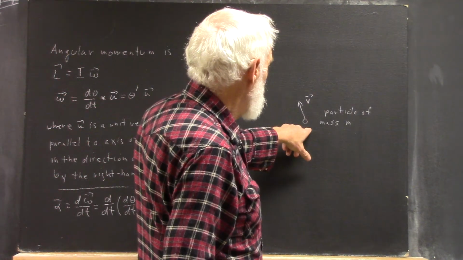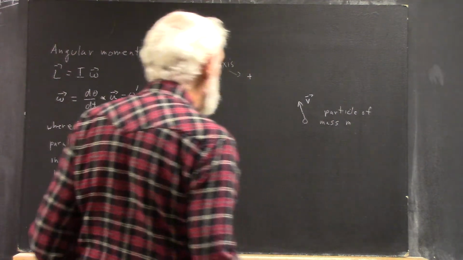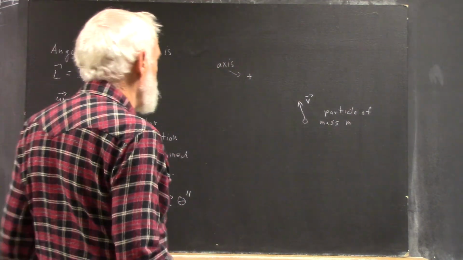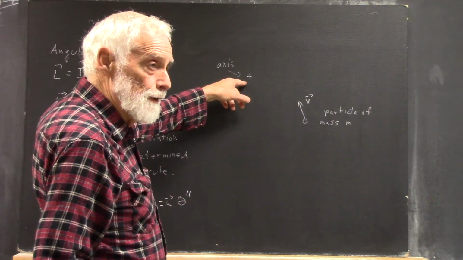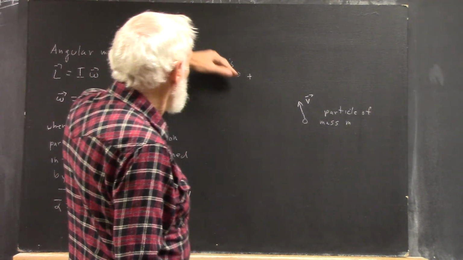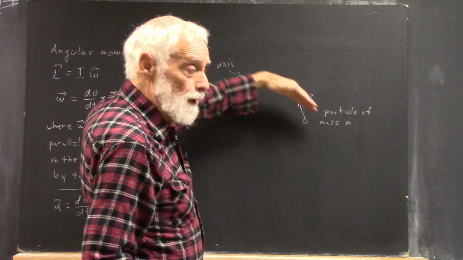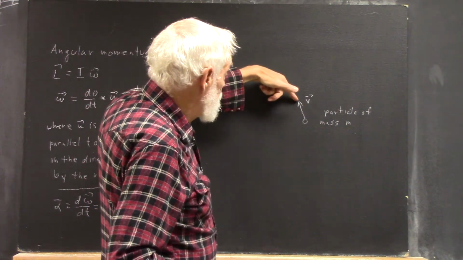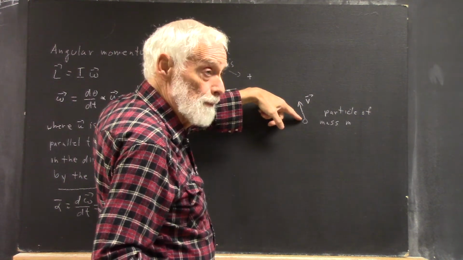So I want to extend that a little bit. We've got a particle of mass m, and we want to know what its moment of inertia is with respect to this axis. Well, if there's a beam here, let's just pretend there's a beam or some extended object, and it's going to hit at this point, or even at this point, okay?